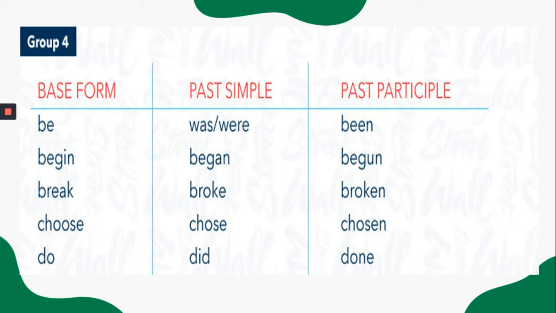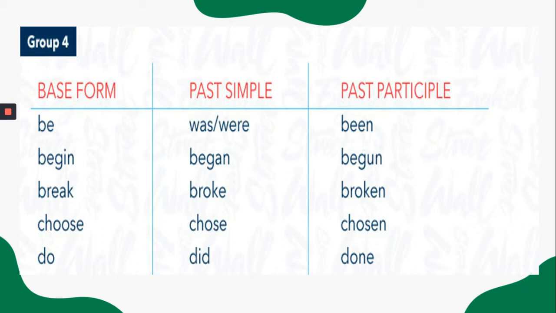For the simple past, we simply use was for the first and third person singular, and were for you, we, and they. So there is no option that you can confuse them as long as you practice them.